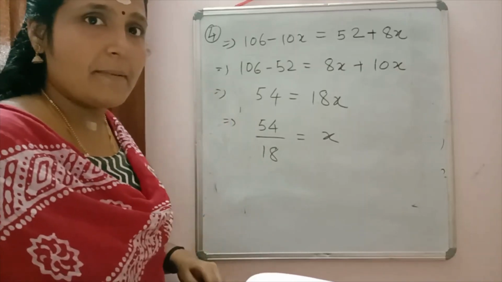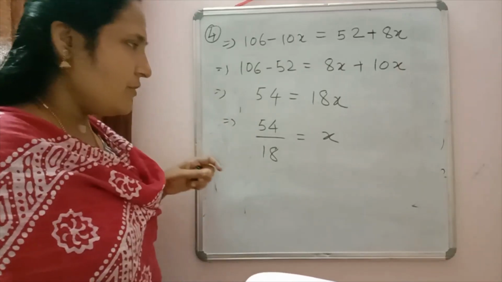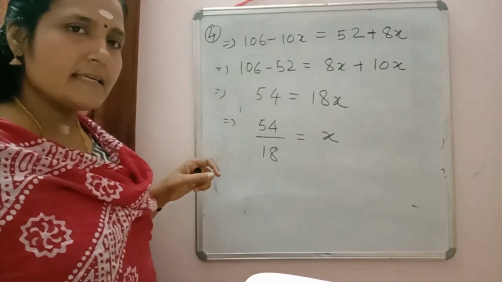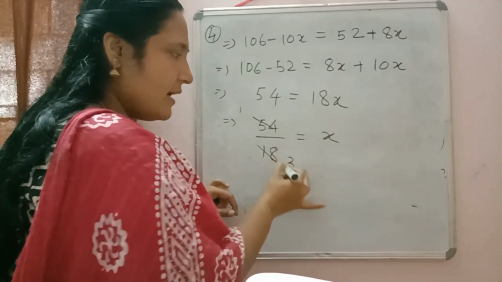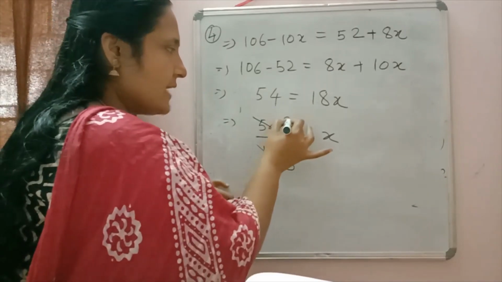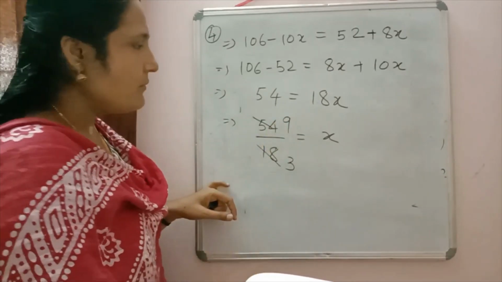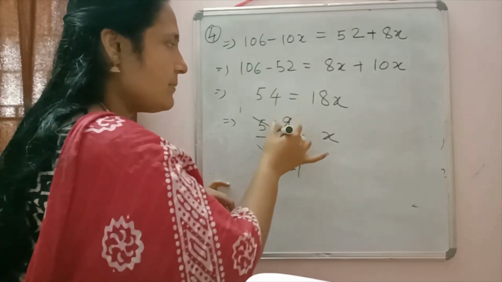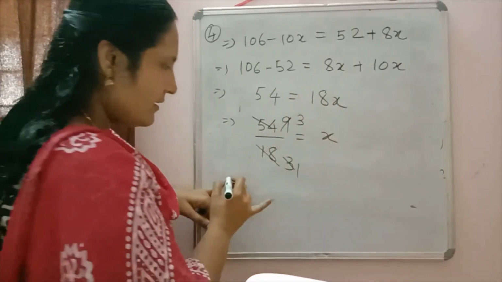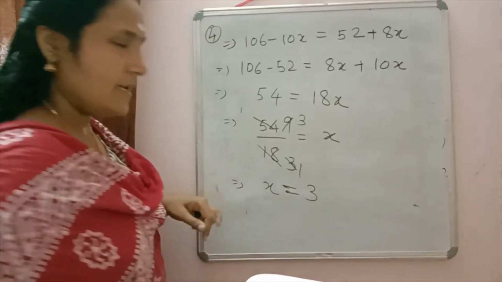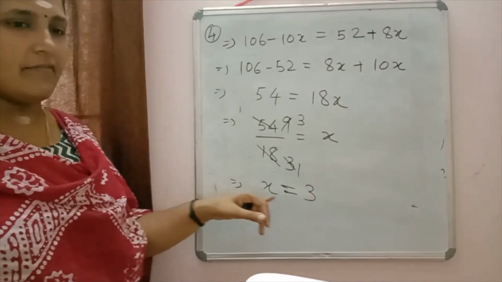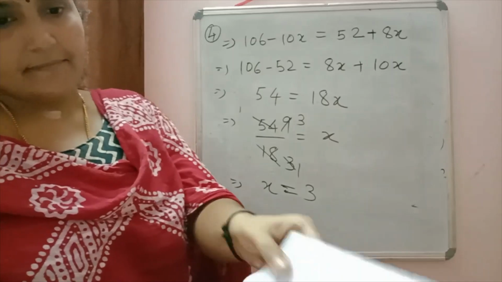If you don't, you know the multiplication table of 6, so we can cancel it by 6. 6 threes are 18, 6 nines are 54. Now it is easy. We know the multiplication table of 3. 3 threes are 9. So these cancellations you can do to make your calculation easy. So we are getting the value of x as 3.